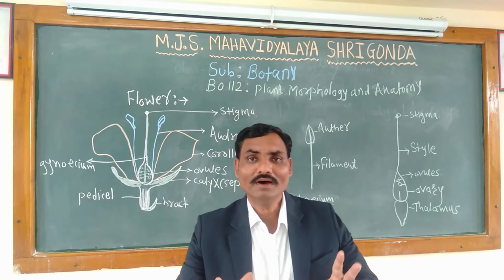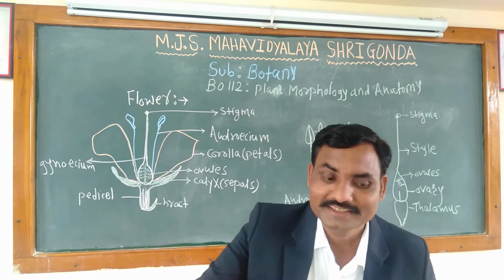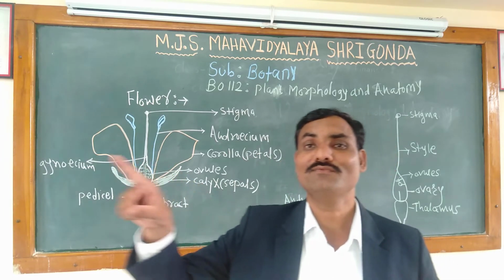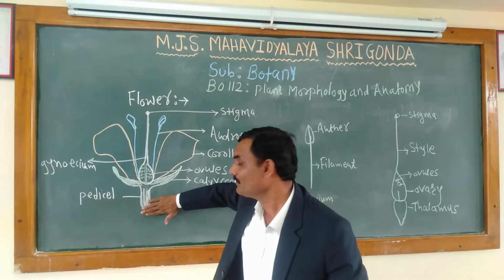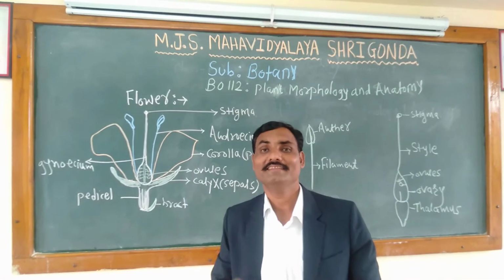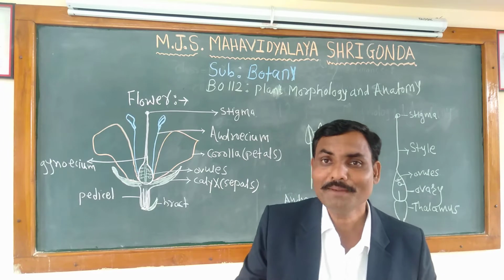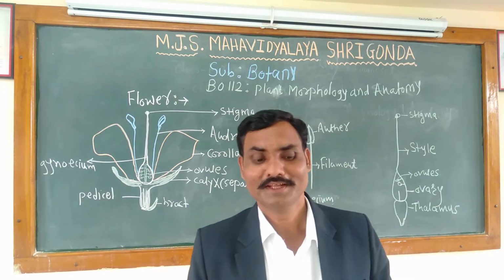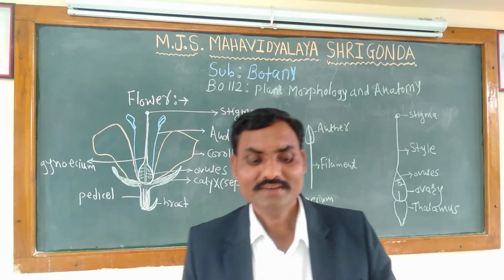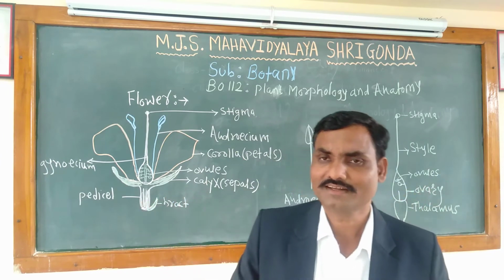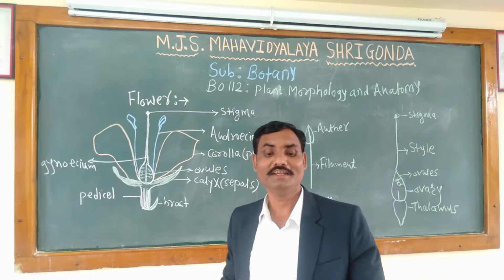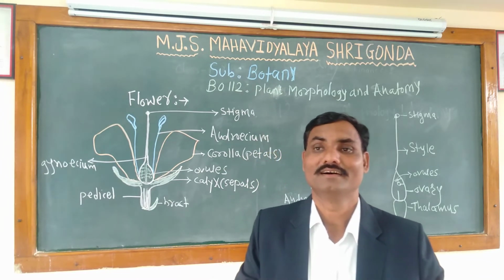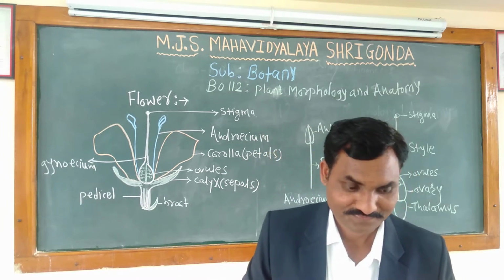When there is a flower with bract, that is called bracteate flower. When there is an absence of the bract, then that type of flower is called ebracteate flower. Then it is a reduced leaf-like structure. It may be colored or it may be greenish.